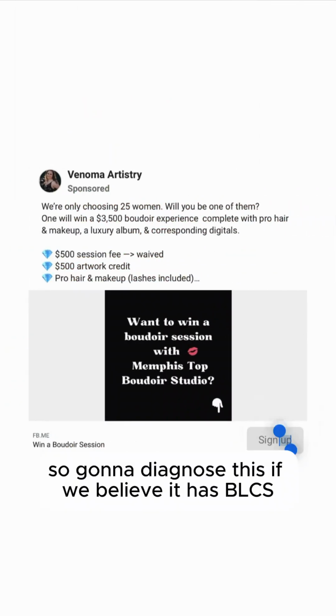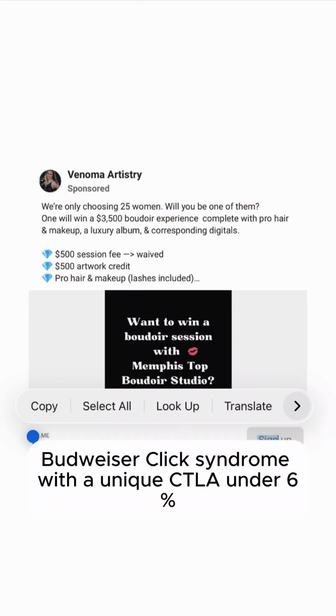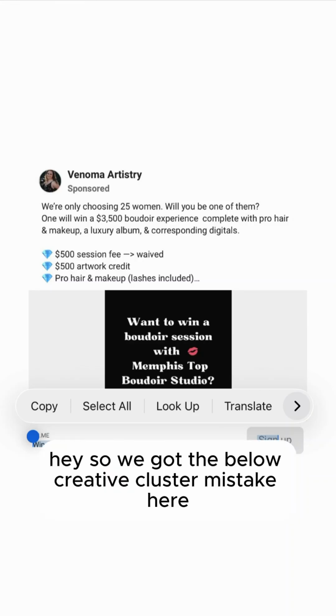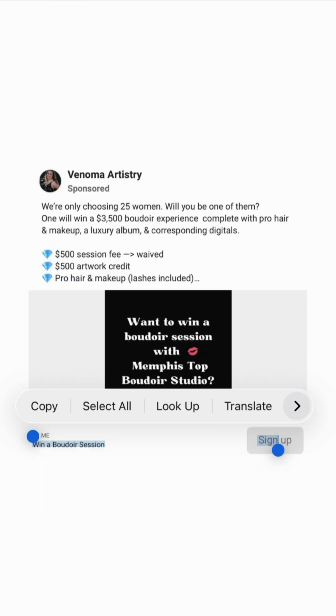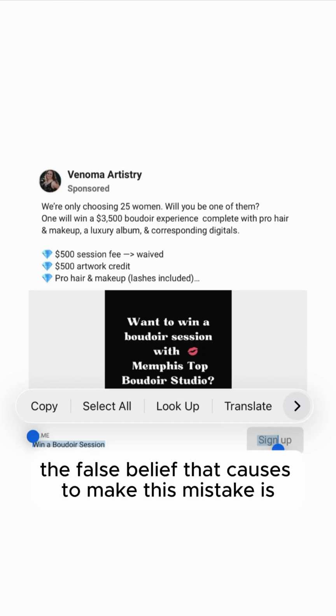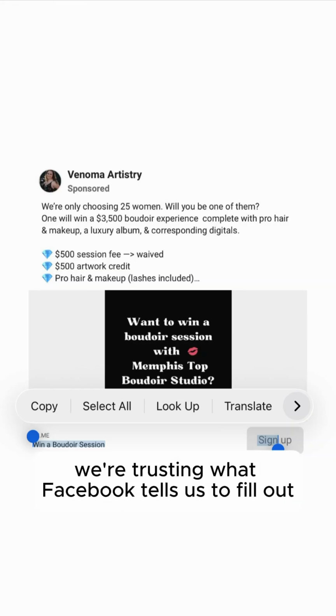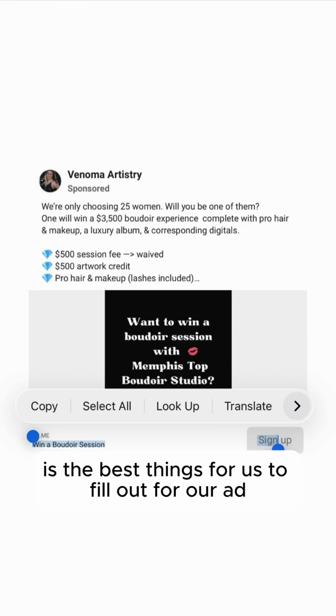So I'm going to diagnose this, see if we believe it has BLCS, Boudoir low-click syndrome, with a unique CTRL under 6%. So we've got the below creative cluster mistake here. The false belief that causes us to make this mistake is we're trusting that what Facebook tells us to fill out for our ad is the best thing for us to fill out for our ad.